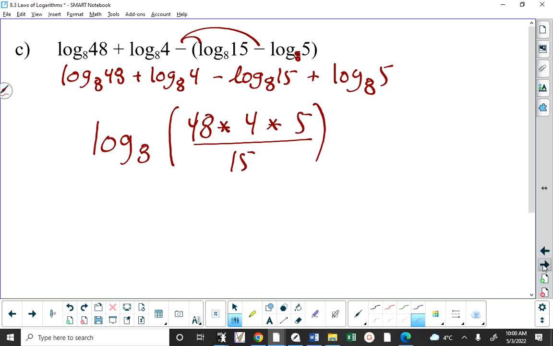You can see now why the 5 goes on the top. What I would always ask you to avoid is putting fractions within fractions. So we could have put 45 times 4 over and then had another bracket that said 15 over 5.